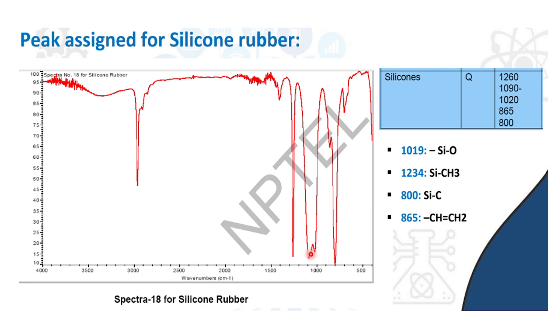Sometimes there is also a term called vibronic coupling. In that case, the peaks get split. That's why you may also get this type of splitting. This is a single peak, now it is splitting.